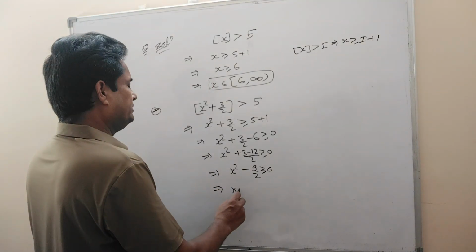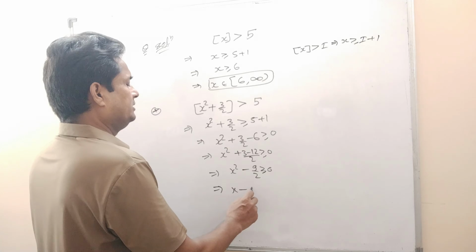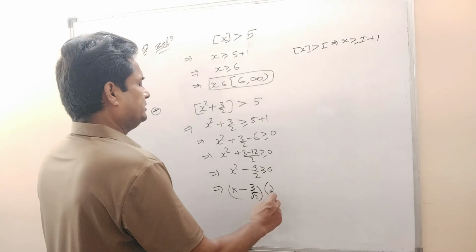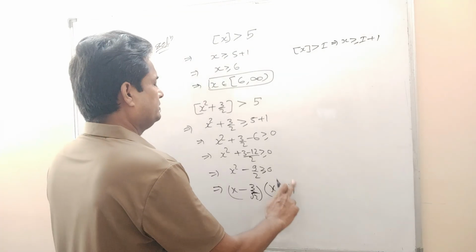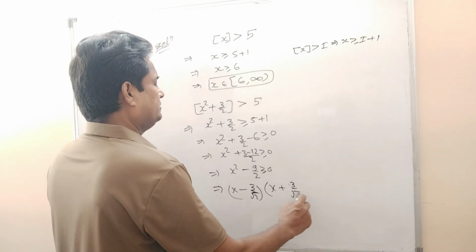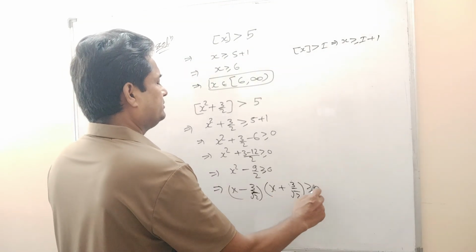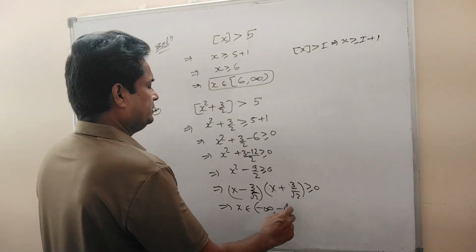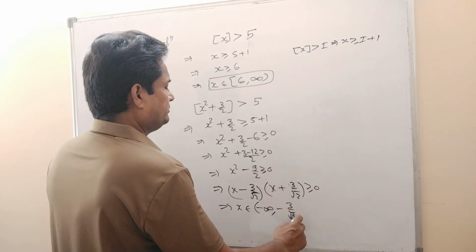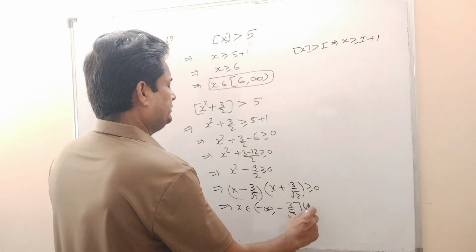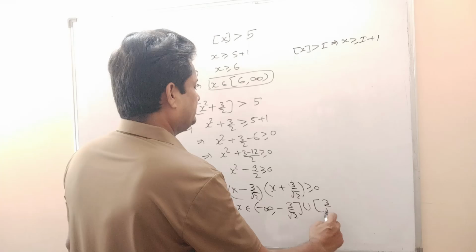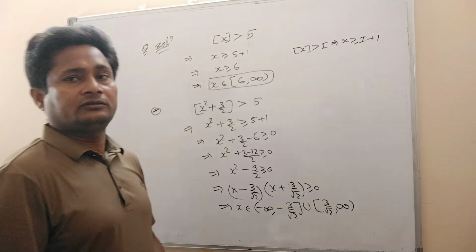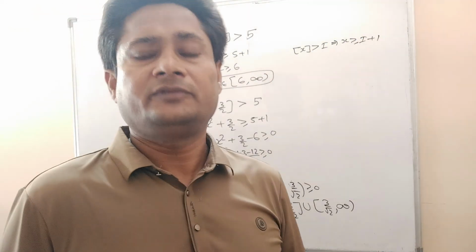In one bracket x minus 3 by root 2, into another bracket x plus 3 by root 2, greater than or equal to 0. That means the solution will be minus infinity to minus 3 by root 2 union 3 by root 2 to infinity. This is our answer in this case.